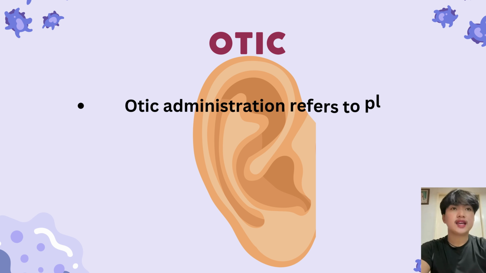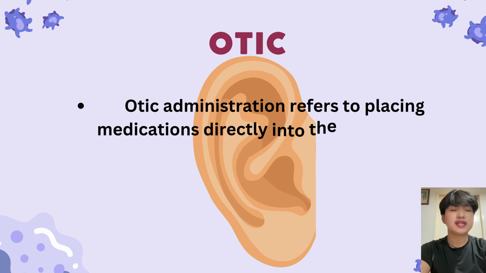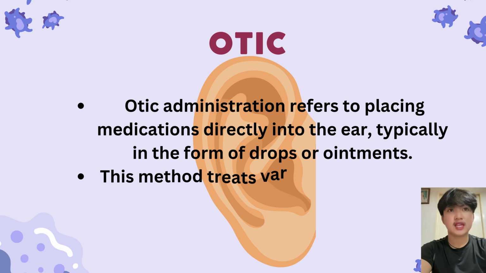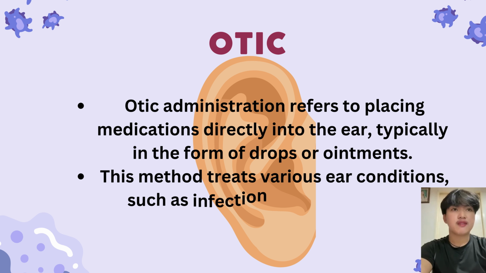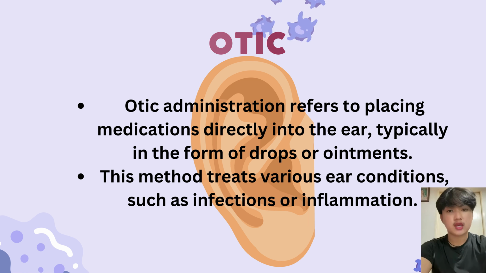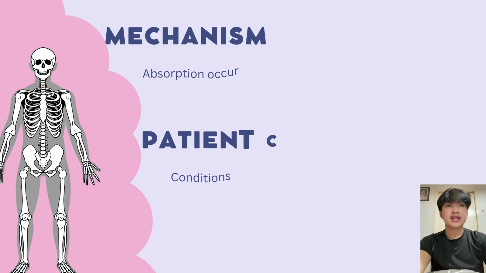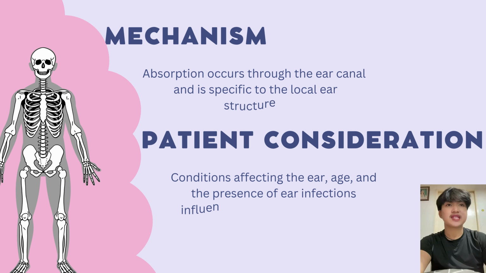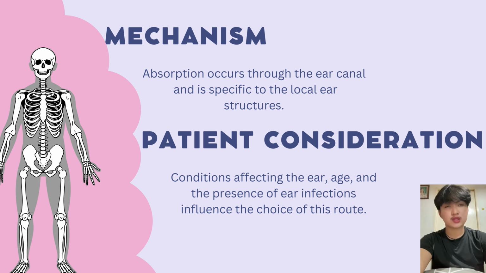Otic. Otic administration refers to placing medication directly into the ear, typically in the form of drops or ointment. This method treats various ear conditions such as infection or inflammations. Mechanism: absorption occurs through the ear canal and is specific to the local ear structures. Patient consideration, conditions affecting the ear, age, and the presence of ear infection influence the choice of this route.